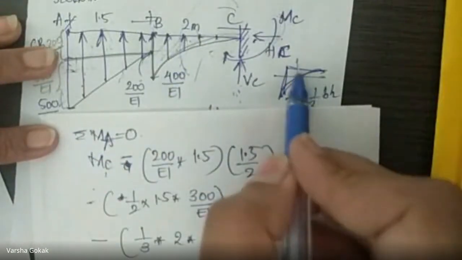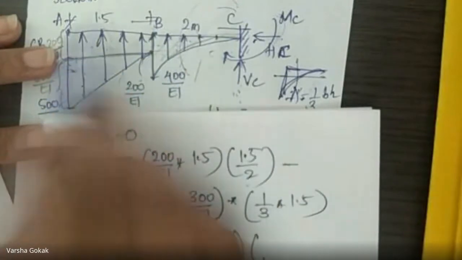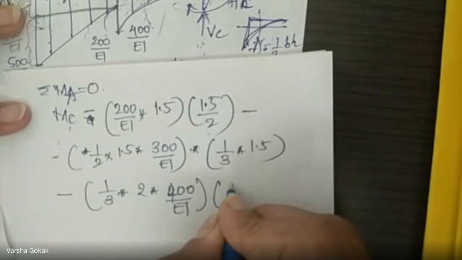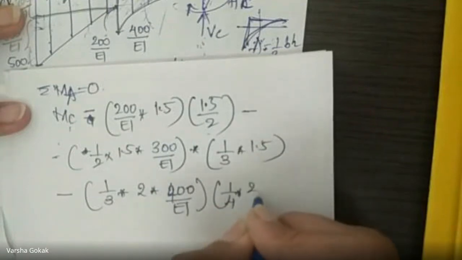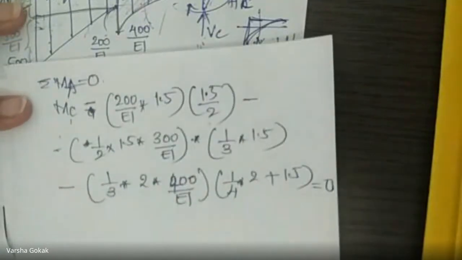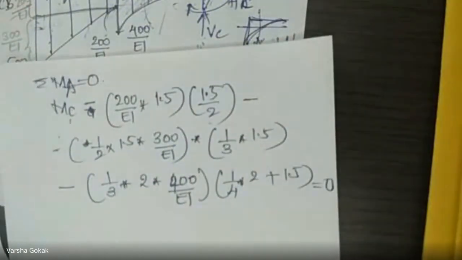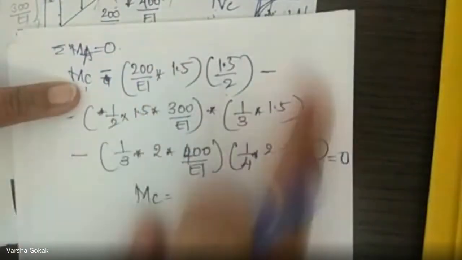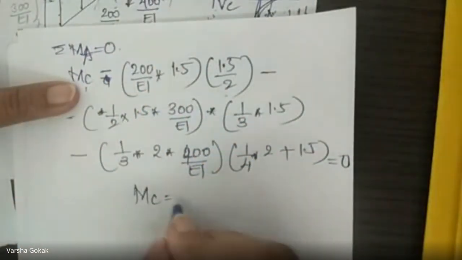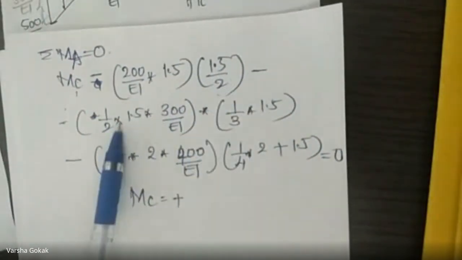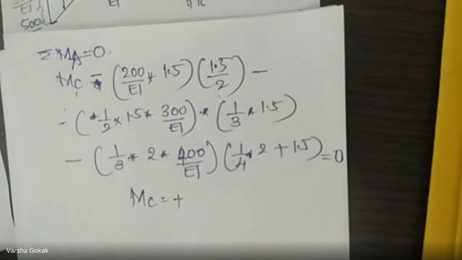For such figures, the CG distance here is 1/4. So 1/4 of 2 plus 1.5, equal to 0. Right? Calculate the value of the moment at C. Only this is unknown. These all will go to the right hand side. You'll get a positive value here. Someone please calculate and get me the value. Area times CG, area times CG, area times CG.